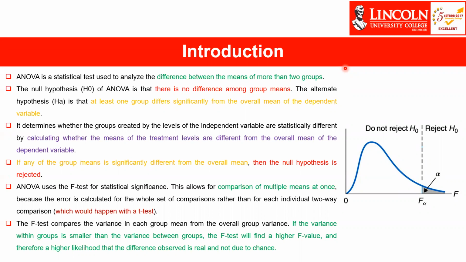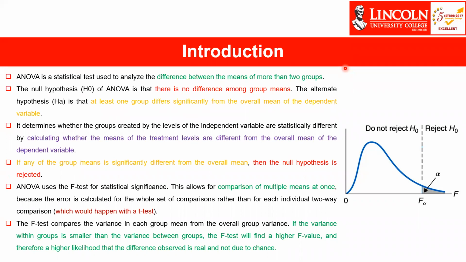Anova uses the F-test for statistical significance. This allows for comparison of multiple means at once because the error is calculated for the whole set of comparisons rather than for each individual two-way comparison, which would happen with the t-test.